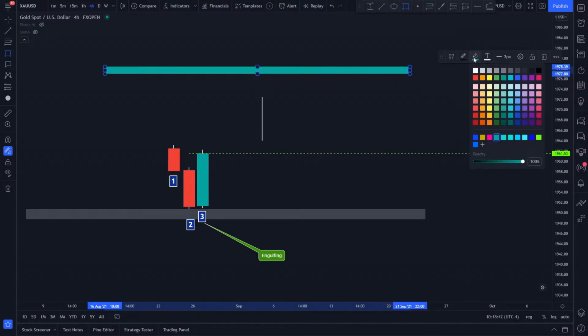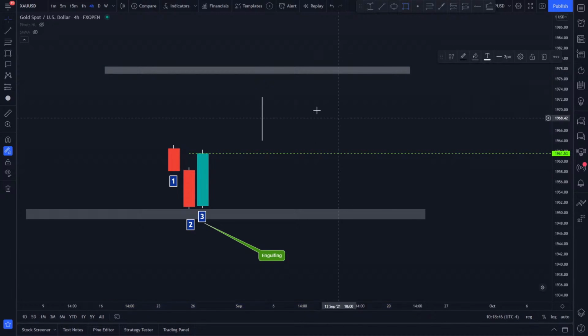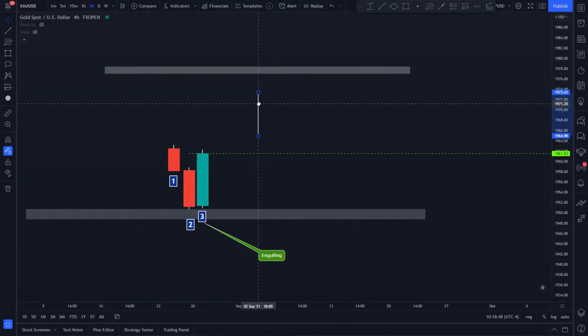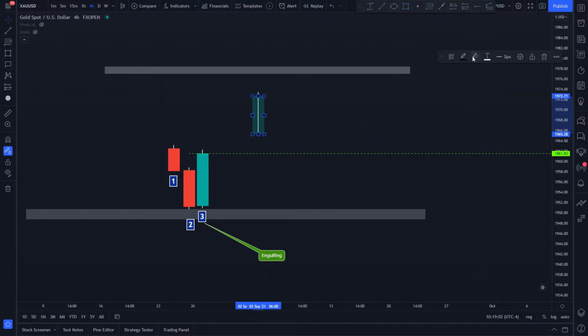So if we had some sort of resistance here, let's go ahead and draw out our resistance. Okay, so we have one candle. This time, this candle is going to be bullish, right? We're going to have a bullish candle. So we have our bullish candle here. And remember, guys, it has to be the same candle type, right?